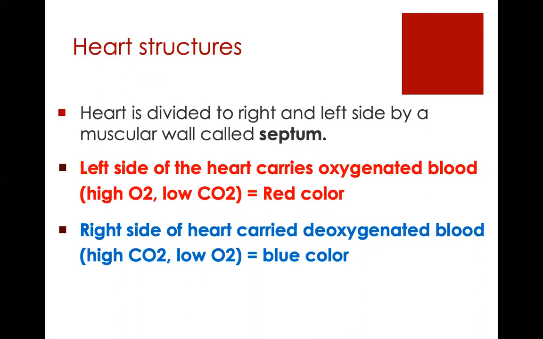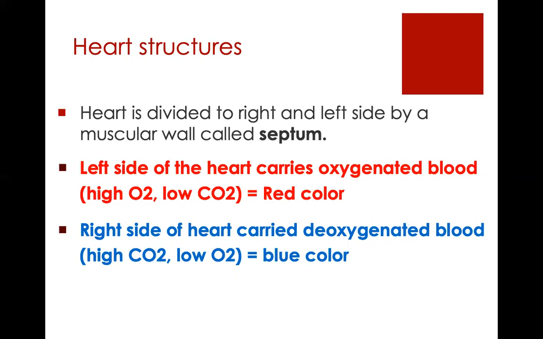Hence, we associate the red color with oxygenated blood. Sometimes I may refer to it as the quote-unquote good blood. There's nothing called good blood, but it is good in the sense that it has a significant amount of oxygen.